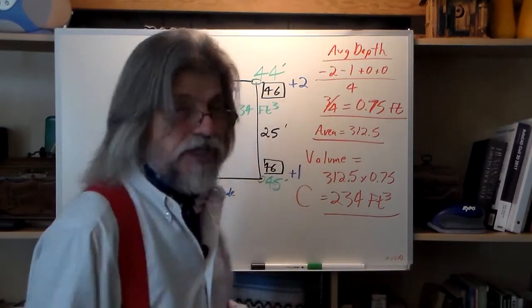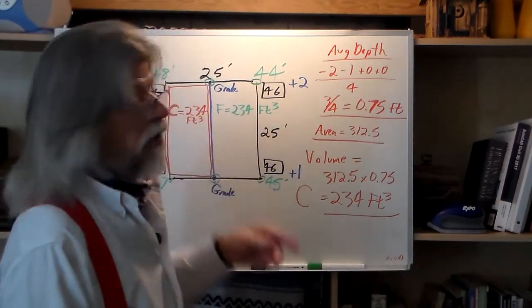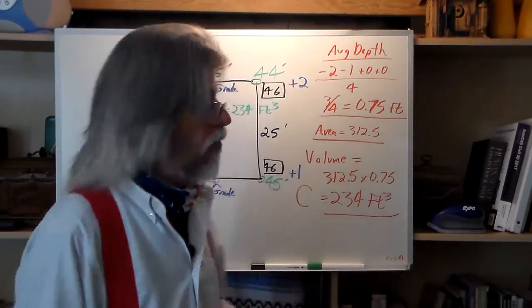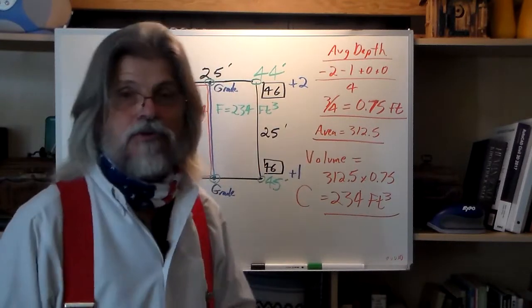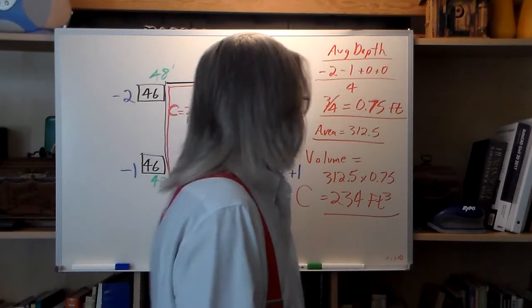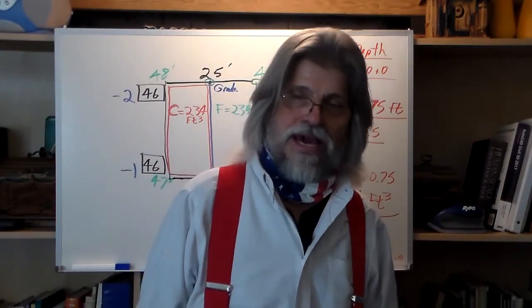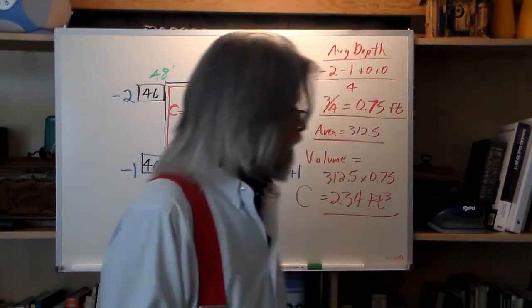Getting the average depth is always easy. You just add up every point, assuming there's straight lines between all points. You add up every point, you divide it by the number of points, that gives you the average depth. The area, well, you got to use some mathematics to figure the area.